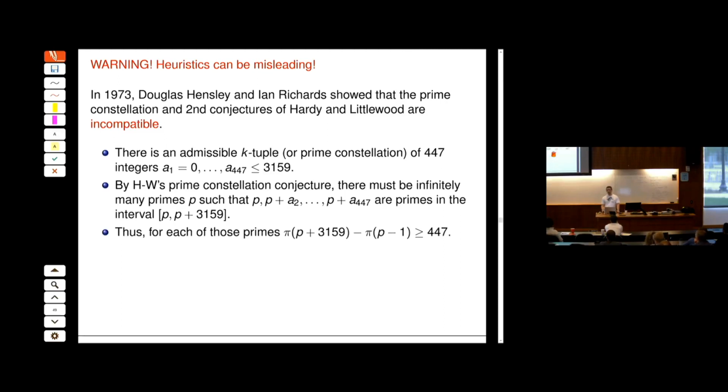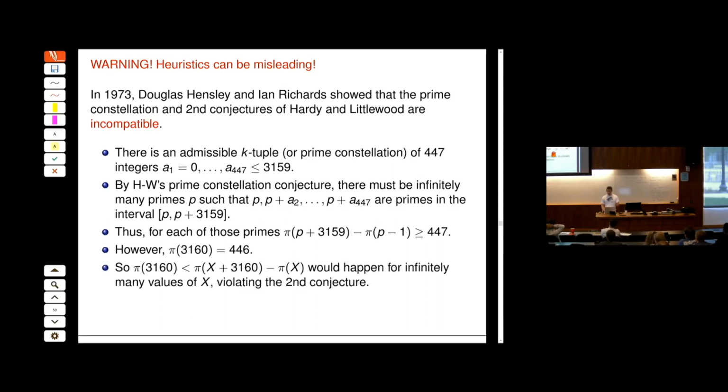For each one of those primes, in the interval from p minus 1 up to p plus 3159, there will be at least 447 primes. But if you count how many primes there are up to 3160, it turns out there are 446. So if the first conjecture is true, then there will be infinitely many intervals of length 3160 with more primes than in the first interval of 3160 numbers.